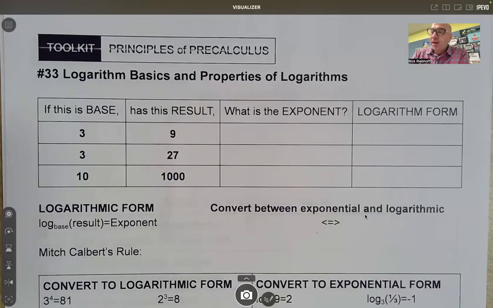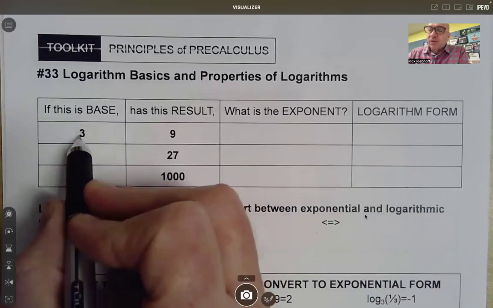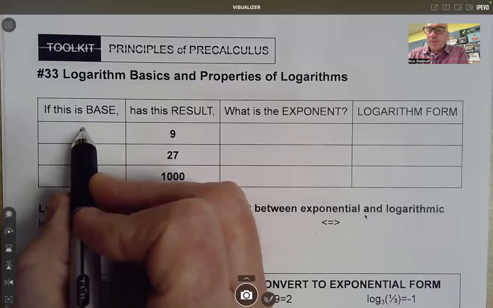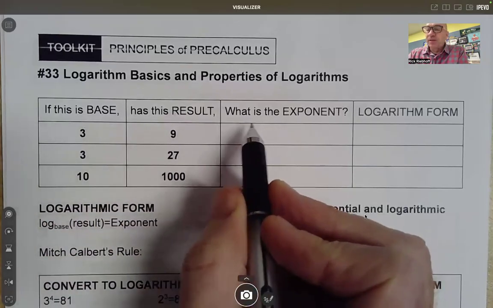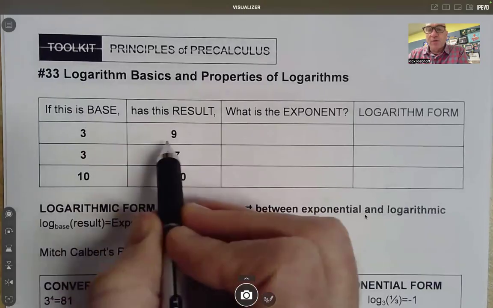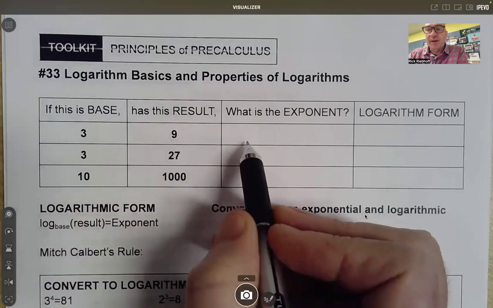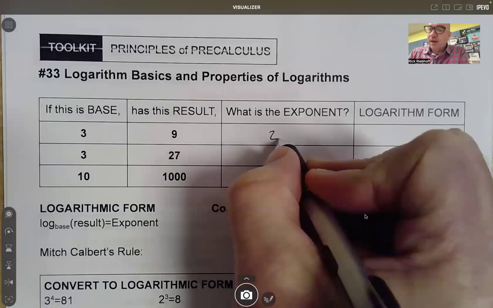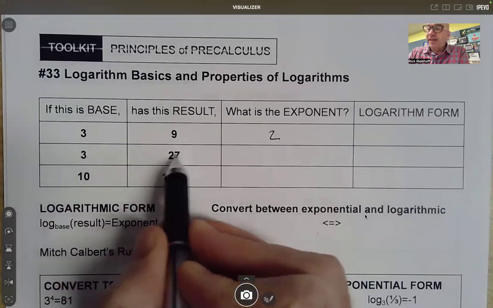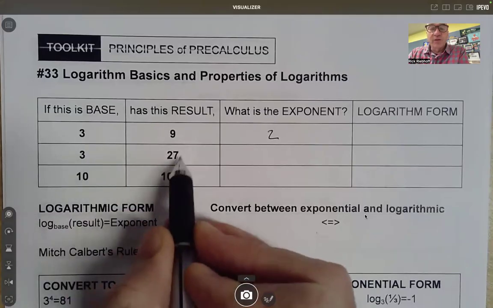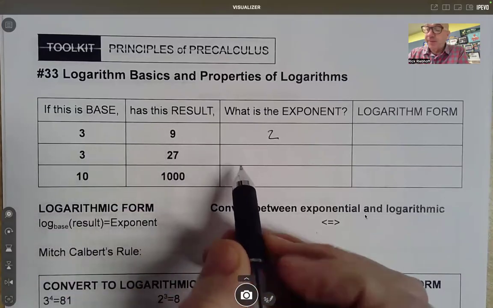So here we go. If we're base 3 and we have the result 9, what would the exponent have to be? Something with a base 3 that equals 9, the exponent would have to be 2. Base 3 with the result of 27: what did the exponent have to be?